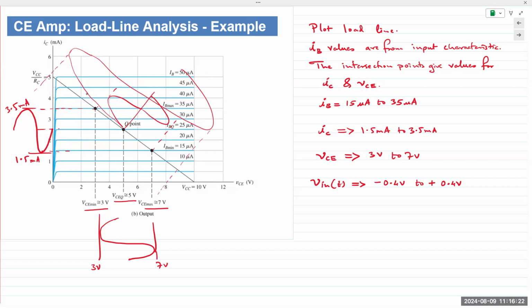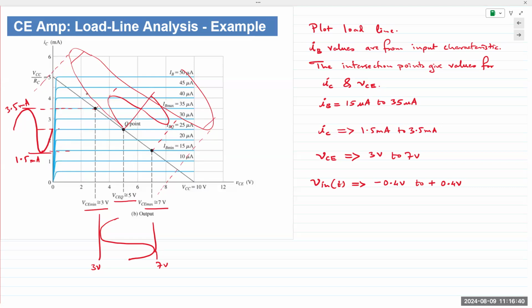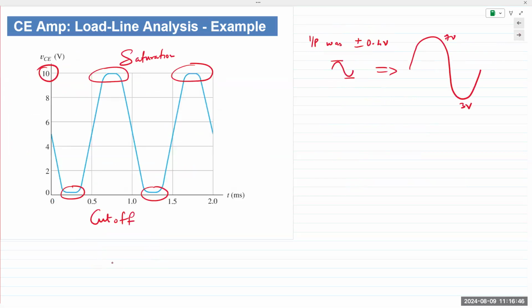Okay, so your Q point is now being driven way beyond the biasing limits, and that drives the transistor into cutoff and saturation. The cutoff is not quite clear. It's still not beyond 10 volts, but hopefully you get the idea of what I'm trying to say. With a large enough input, the transistor reaches the extremes at both points.